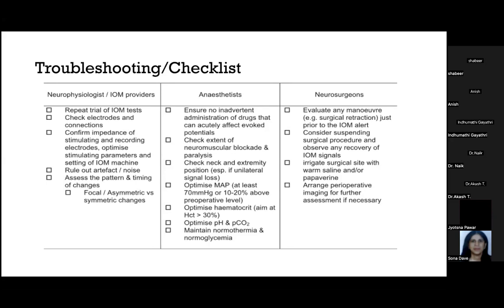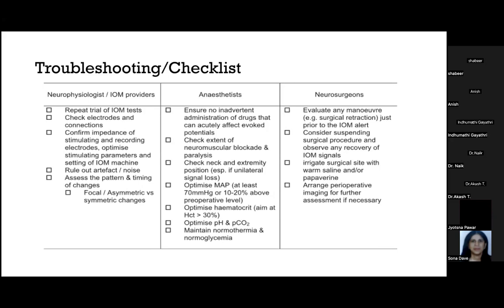The anesthesiologist's responsibility is to ensure there is no inadvertent administration of bolus drugs that can affect the evoked potential, and to check the extent of neuromuscular blockade and paralysis. Sometimes you can use one or two train-of-four responses to monitor the evoked potential.